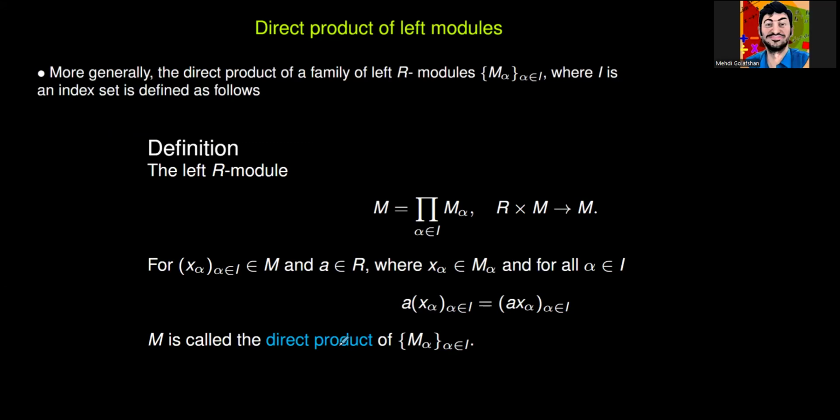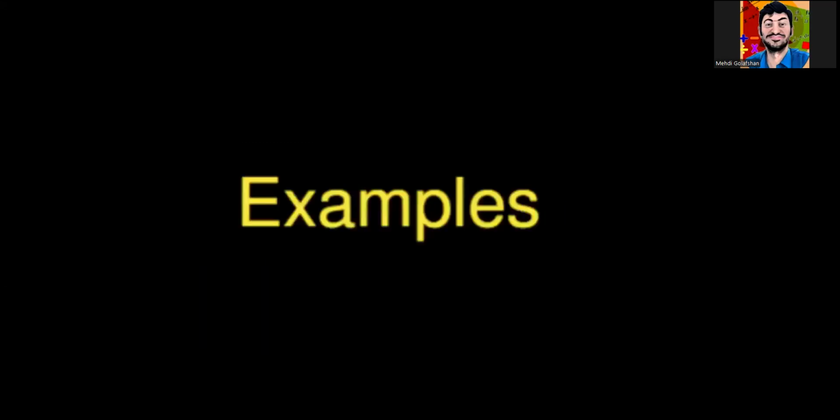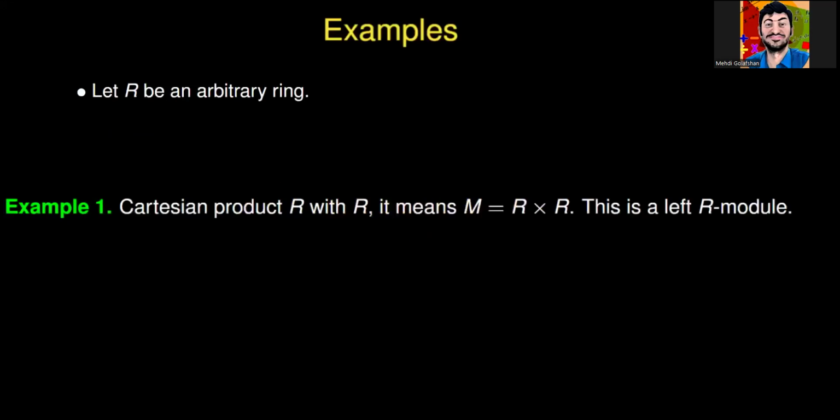So we can see many examples. Let's go to checking examples. We can take various index sets. Suppose first R times R. This is the Cartesian product of R with R, and this is a left R module.